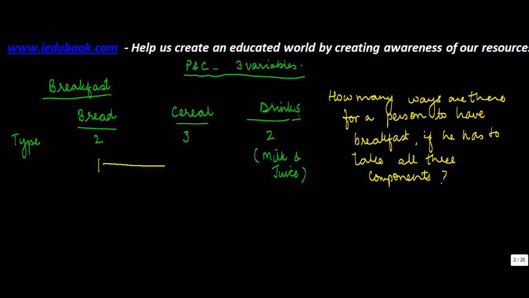Now, just like we saw in the previous video, the first concept video on permutation and combination, there are two types of bread. Let's call this as A and B. Now each bread can be had with three types of cereals. Let's just concentrate on these two.